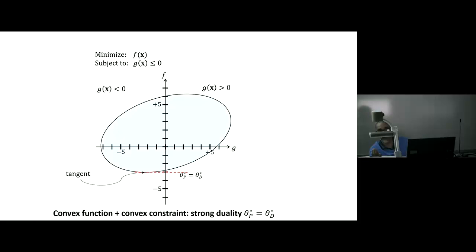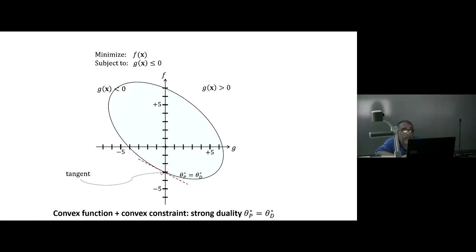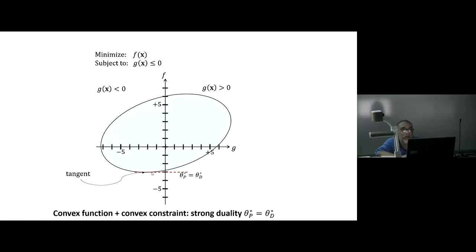And here theta p star equals theta d star. Again, g is strictly less than 0 here, and lambda equals 0.